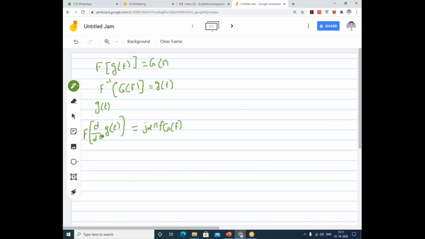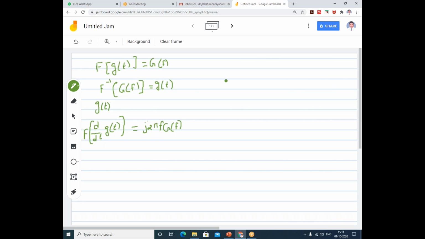Now please try to understand. You are given a time domain signal, you differentiate that time domain signal, and you apply the Fourier transform to that. To get this g of t, first you need to start with the inverse Fourier transform.